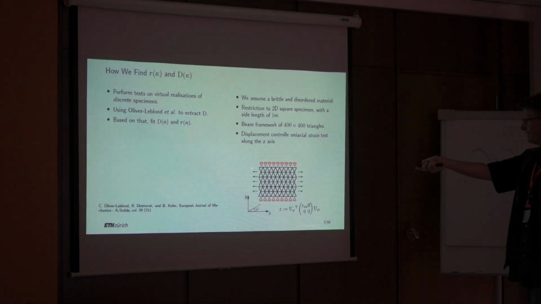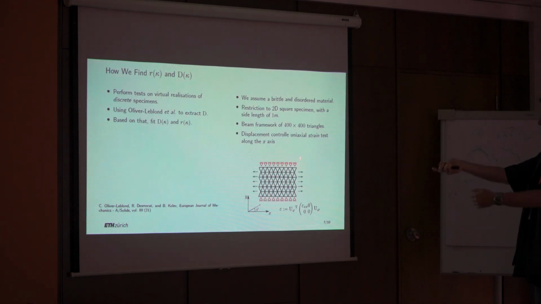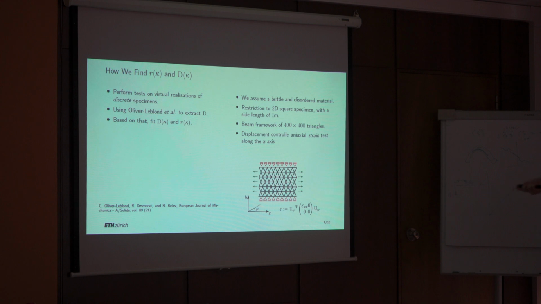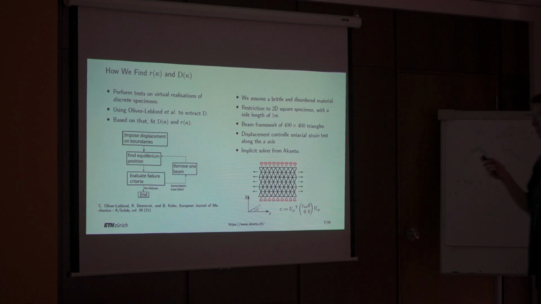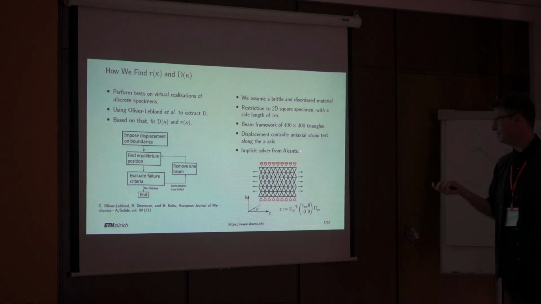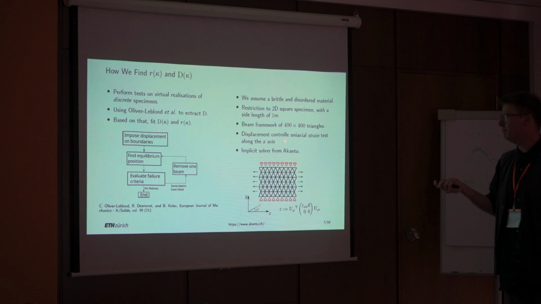So I fix top and bottom, and then I pull at left and right. I also have done it to impose this strain into different directions, and then I basically use this formula to transform the strain. And I have used the finite element library Continuum for implementing this.